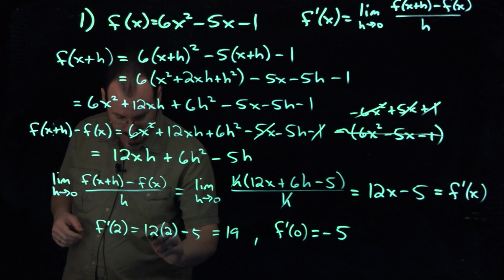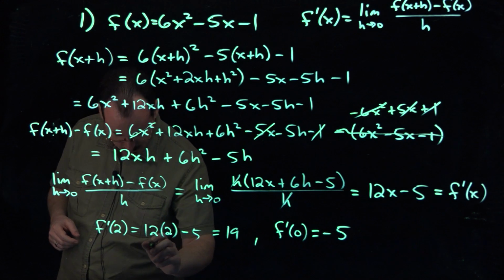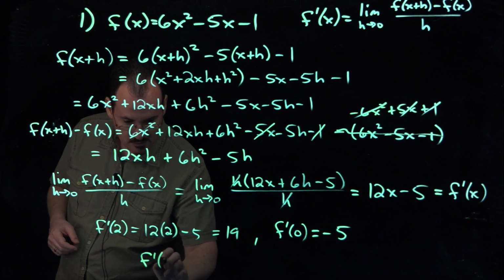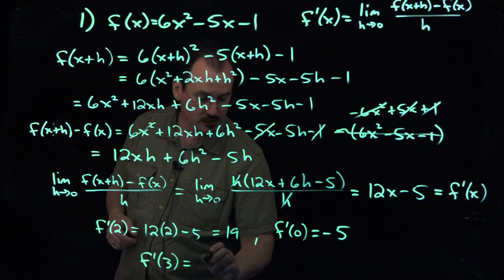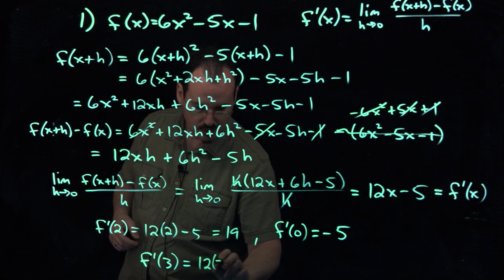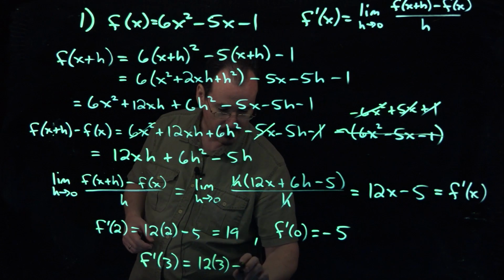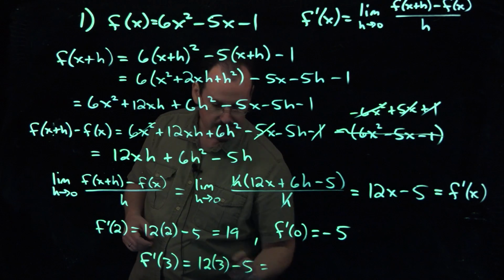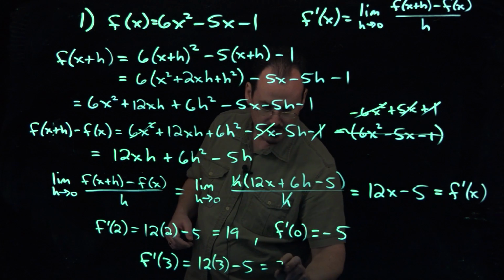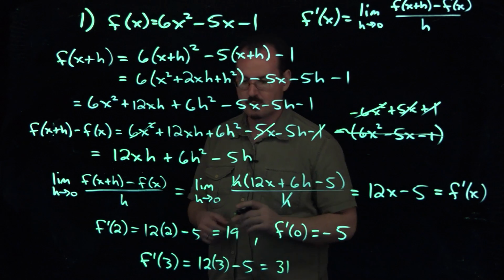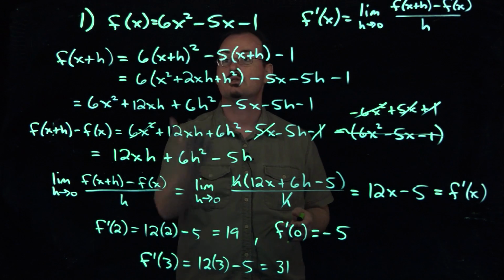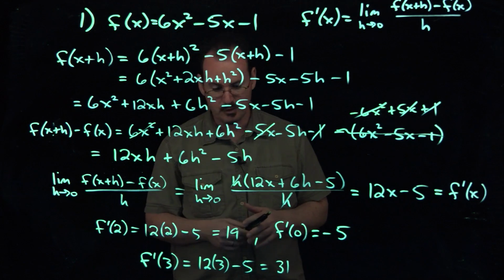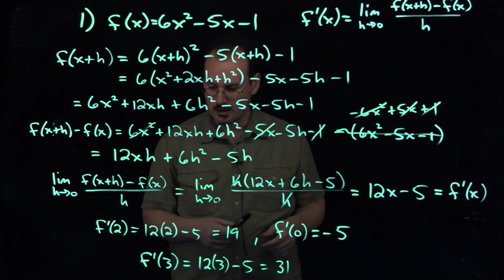And finally, f prime of 3 is just whatever I get when I plug in 3. So 12 times 3 minus 5. 12 times 3 is 36, minus 5 is 31. So that's a very steep slope, even steeper than what it was at 2. That just means if I go to x equals 3 on this graph, I'll find it has a very steep slope. It'll be almost a vertical line slope.